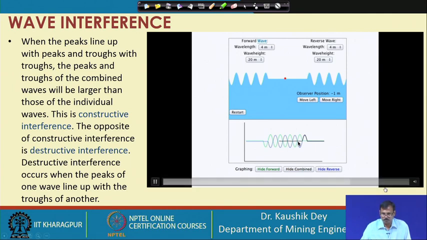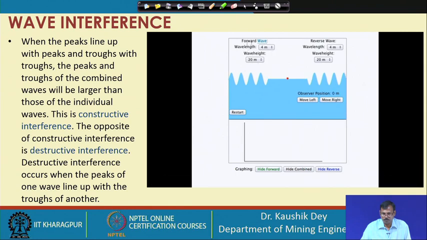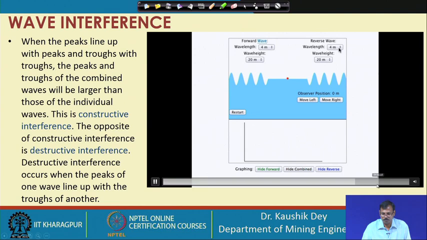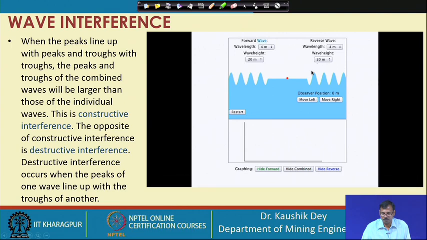Different patterns can be seen by moving the observer to other positions or by changing the wave heights and wavelengths of each wave. A particular pattern I'd like to call attention to is the one created when one wave has half the wavelength of the other. In this case, the forward wave has a wavelength of 4 meters. The reverse wave's wavelength is 2 meters. The observer is positioned in the middle.